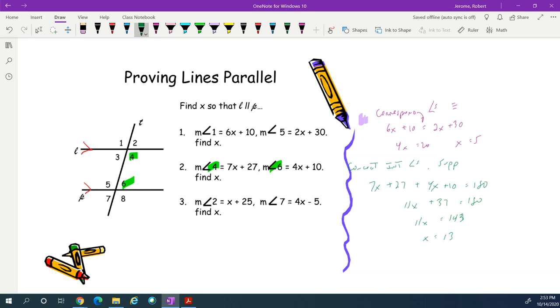So we're not doing anything different. This is actually exactly the same as the previous lesson. It's understanding the directions. If we understand the directions, we can do whatever we have to do. 2 and 7. We want to make the lines parallel. So we're going to make the alternate exterior angles congruent.